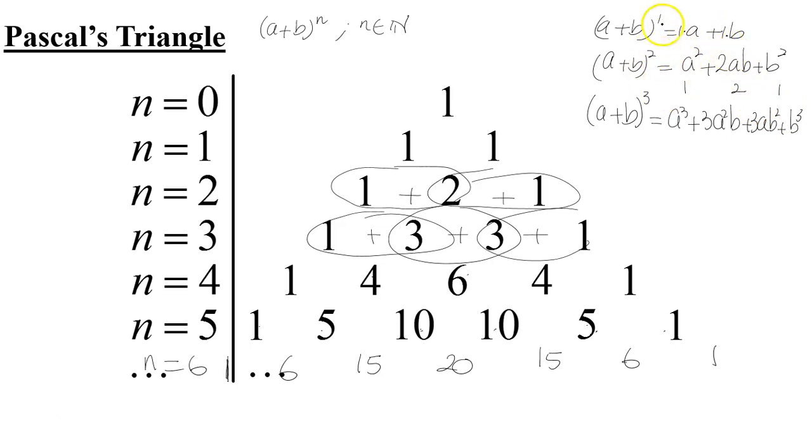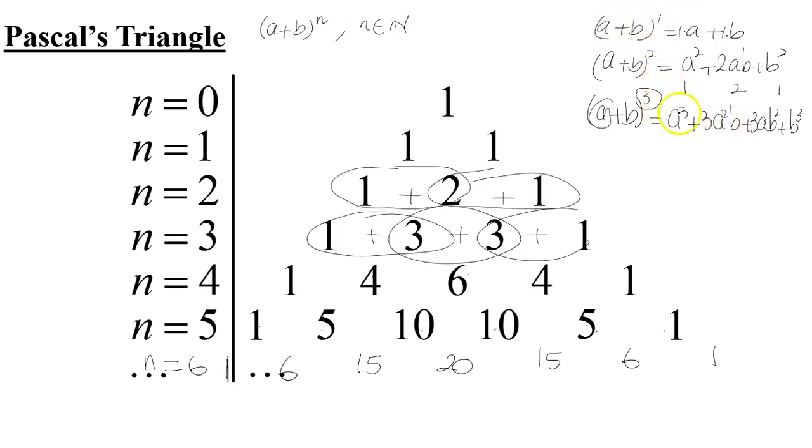Now, as we go from one order of n to the other, by observing the terms, we'd notice that the first term always starts with a to the exponent. So we'd have a^3. Similarly, here we have a^2. Similarly, here we have a^1.